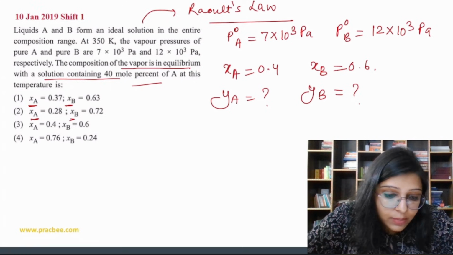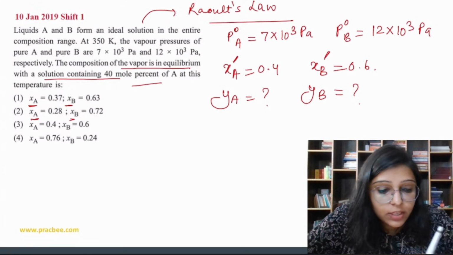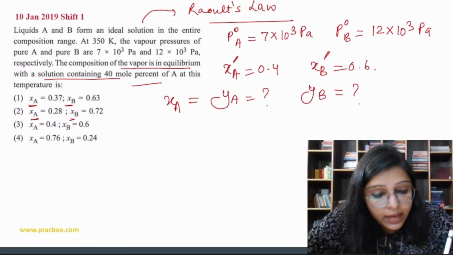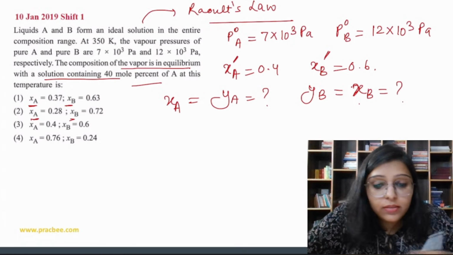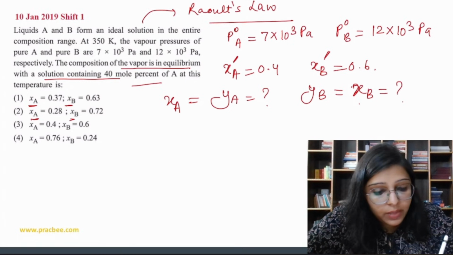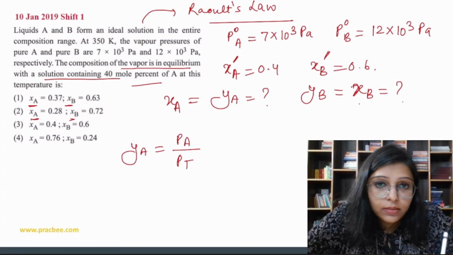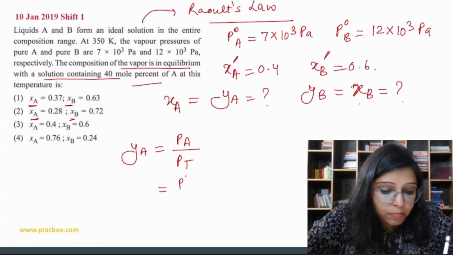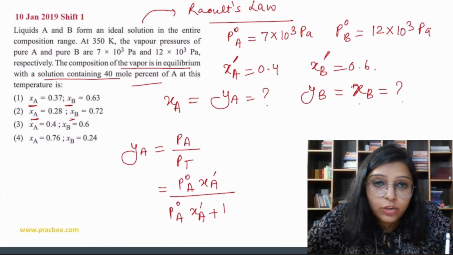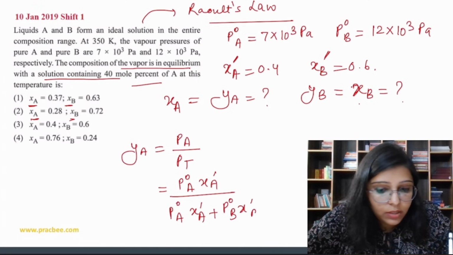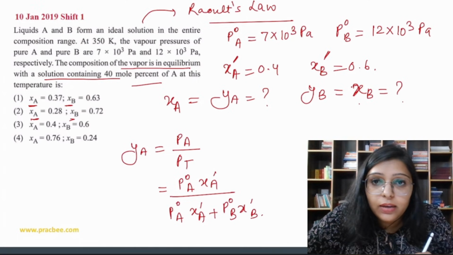So let's suppose this is X dash A, this is X dash B, and here they have taken YA is equal to XA and YB is equal to XB. So we have to find this. How to find this? So YA is equal to PA upon P total, right? PA is P naught A X dash A, and P total is P naught A X dash A plus P naught B X dash B. Okay, clear?